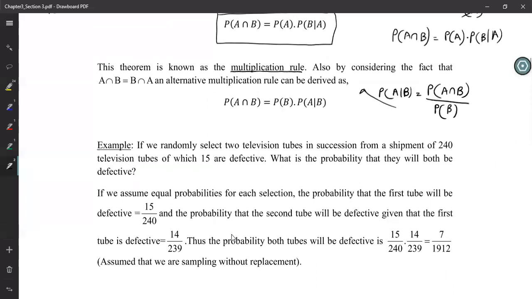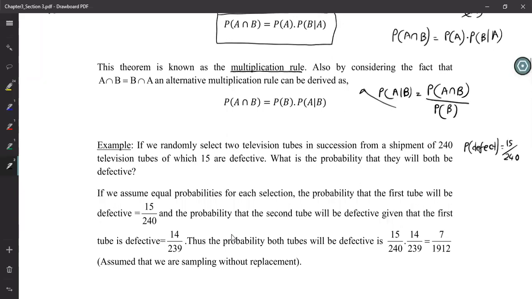Just think about some items. And you already know there are 15 defective. So what is the probability of a defective? Selecting a defective, there are 15 out of 250, right? Now what is the question?